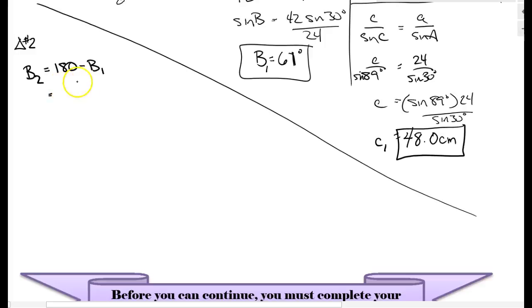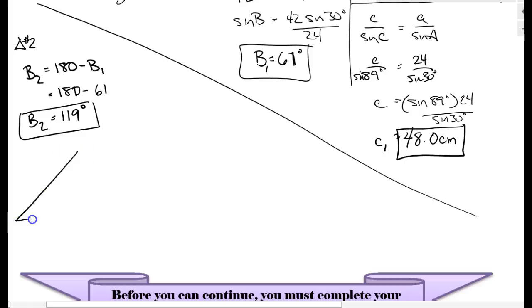In this case, we're subtracting 61, which gives me 119 degrees. So that's B2. Now that I know that, and I know my triangle looks like this, 30 degrees, 119 degrees, 42 centimeters, 24 centimeters, all that's left is to solve for angle C and side C.